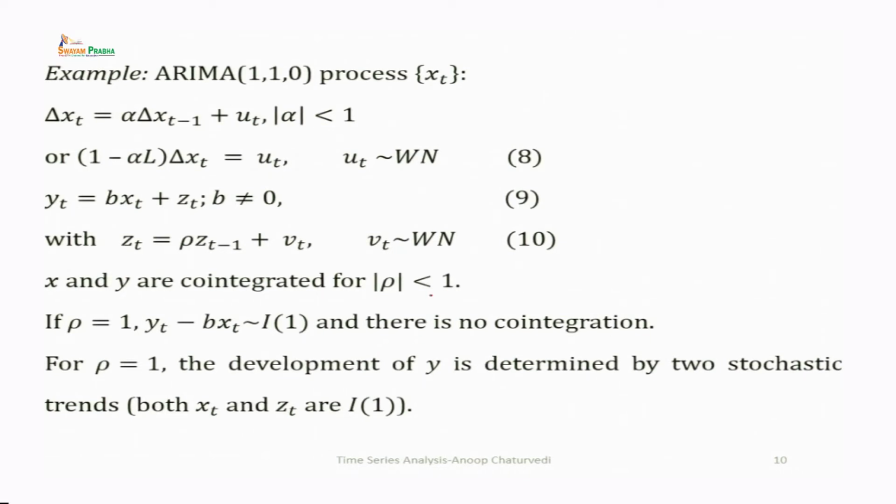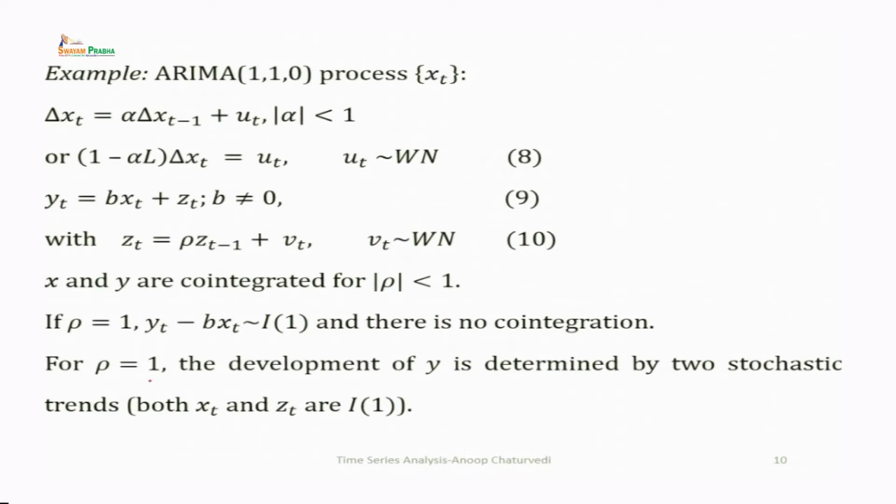For mod rho less than 1, y and x are co-integrated because y t minus b x t follows an I(0) process. For rho equal to 1, z t follows an I(1) process. So, y t minus b x t is also an I(1) process and there is no co-integration.